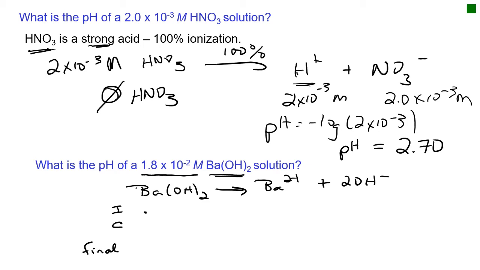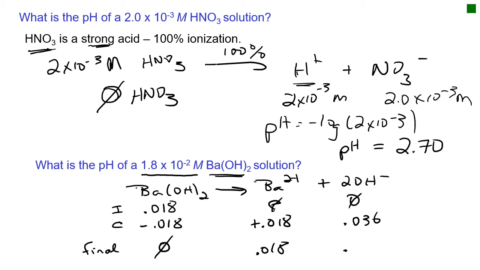If we start out at 0.018, just putting that in standard notation, and 0 and 0, this is going to go down by 0.018, such that we have 0 left. The barium is going to go up by 0.018, but the hydroxide, because there's 2, is going to go up twice that, and it's going to go up by 0.036, such that at the end here we have 0.018 and 0.036 molar.